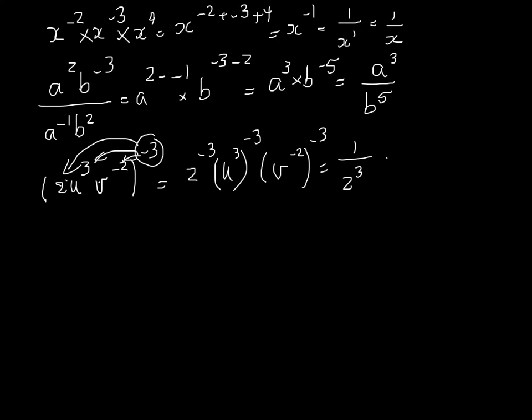U exponent 3 exponent negative 3, you multiply exponents, you get u exponent negative 9. V exponent negative 2 exponent negative 3, you multiply exponents, we get v exponent 6. So, to express this one as positive exponents, we write v exponent 6 divided by 2 exponent 3 is 8, and u exponent negative 9 becomes u exponent 9.